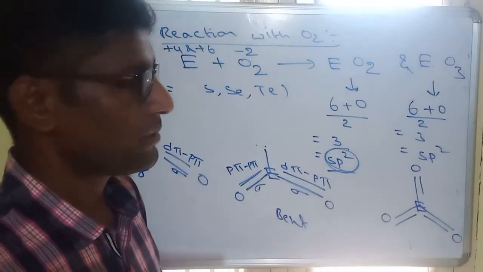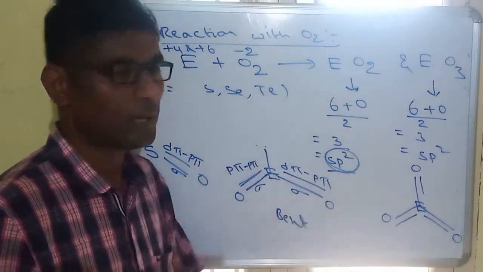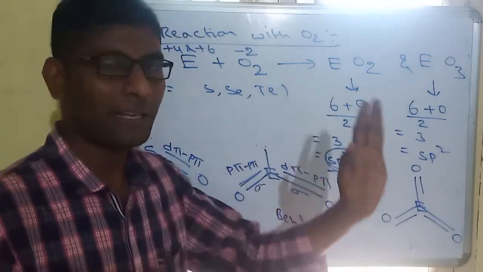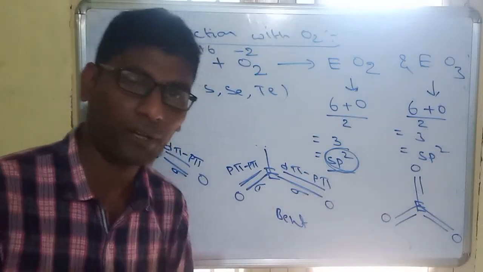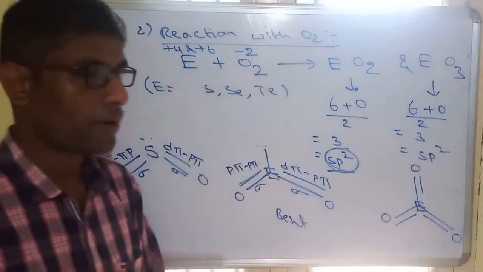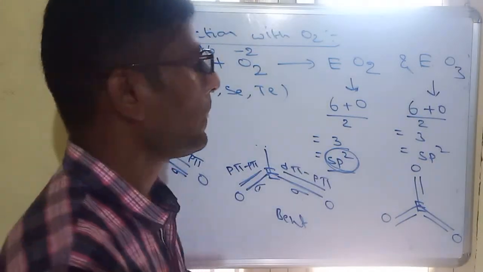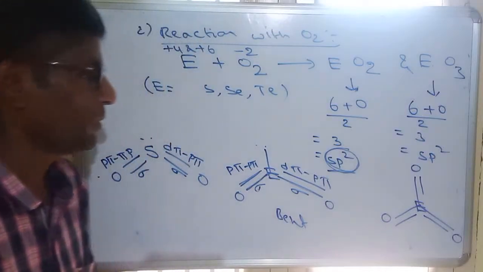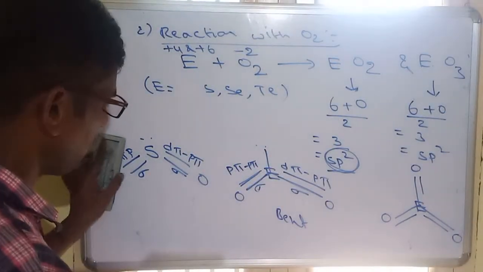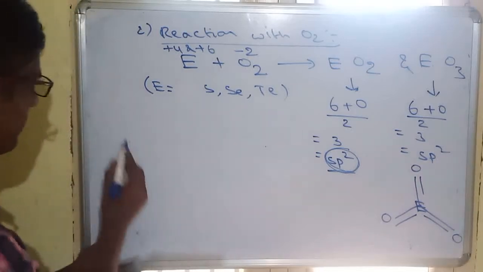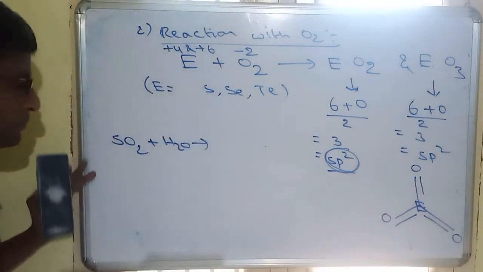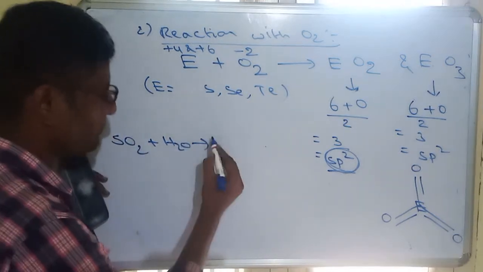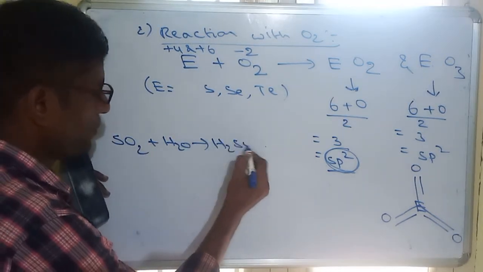And all these oxides, mostly dioxides and also trioxides, are acidic in nature because 16th group elements are highly electronegative. That's why all of these oxides, dioxides and trioxides, are highly acidic in nature. Suppose we are taking sulfur dioxide. Sulfur dioxide combining with water produces H2SO3.